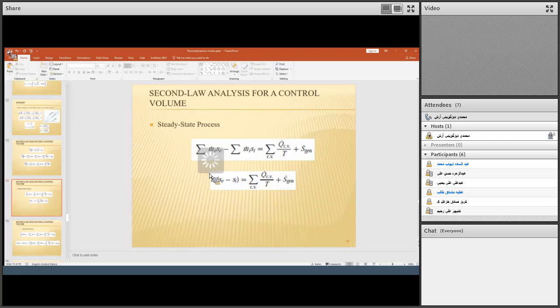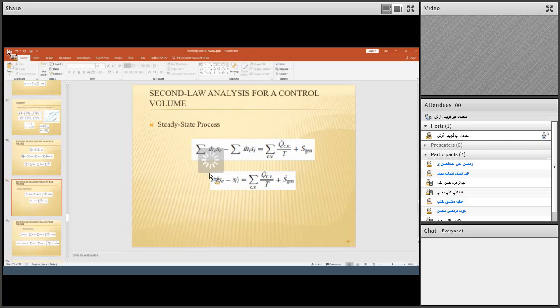So for a steady state process, the sum of mass flow rate times entropy at outlets minus mass flow rate times entropy at inlets equals the sum of rate of heat transfer divided by T plus rate of entropy generation.